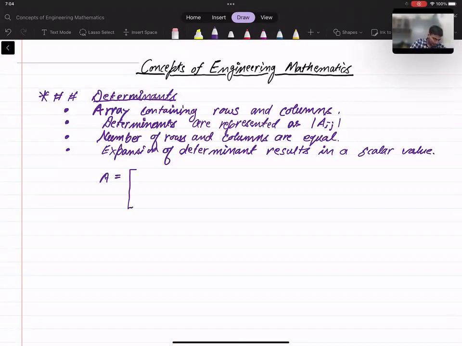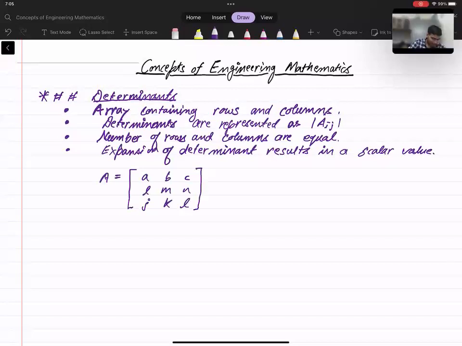Suppose we have A, B, C, and L, M, N, and say J, K, L. Or we can put anything. These are arbitrary alphabets or values which we are placing just to indicate the representation of determinants.